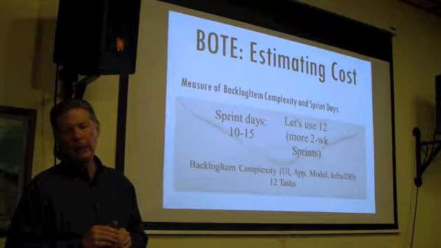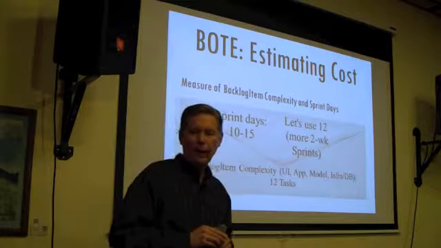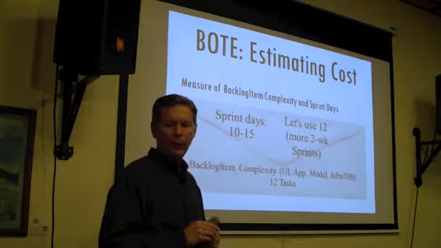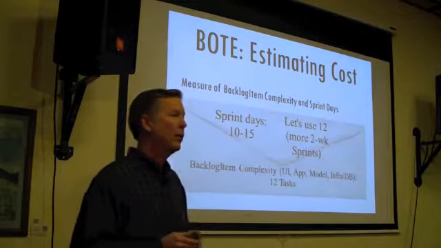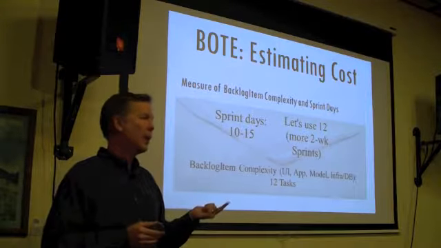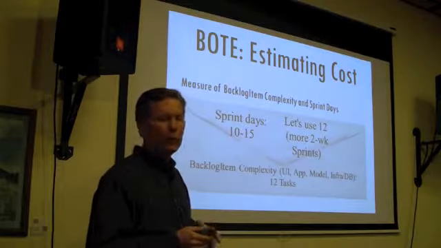And then backlog item complexity. How do we figure on the backlog item complexity? Well, first of all, there is UI. We're not just talking about the domain model here, right? So we have UI, we have some services in the application layer. We have the model itself, we have some infrastructure and database.